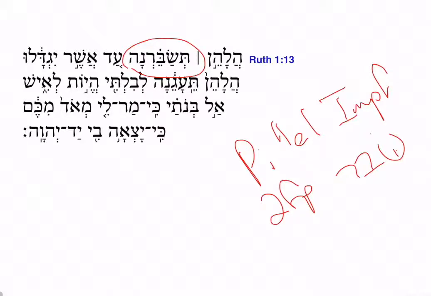And if you see my post from the past on the PL, normally the PL has an intensive notion to it. But when a verb only occurs in the PL, it usually loses that intensive notion. So I would not add any intensiveness to this.